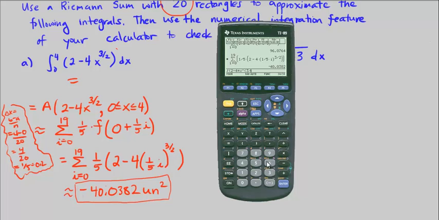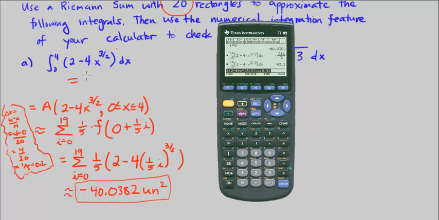Again, put 3 over 2 in parentheses, comma, our variable is x, comma, now our starting and stopping is here, 0 and 4, so comma 0, comma 4. Close that up. So I'm going to put the diamond and enter again to get the exact answer.